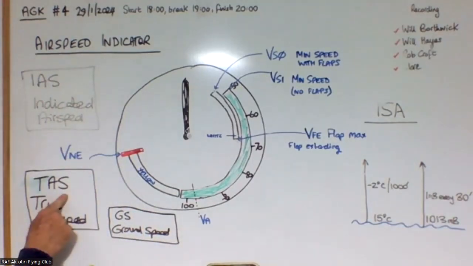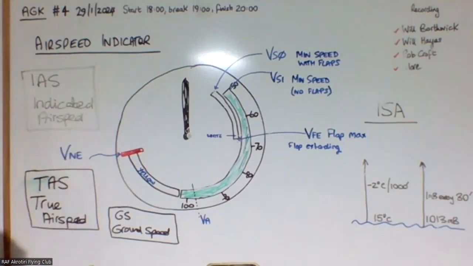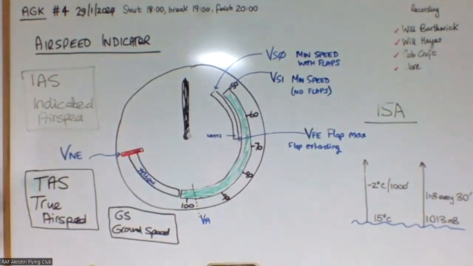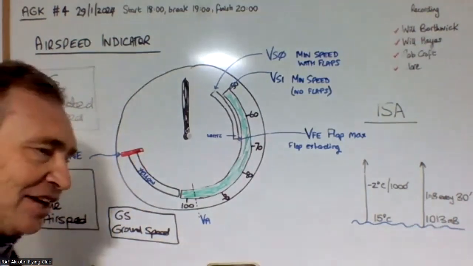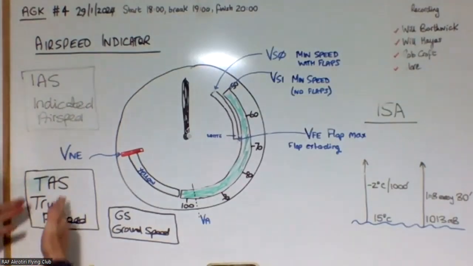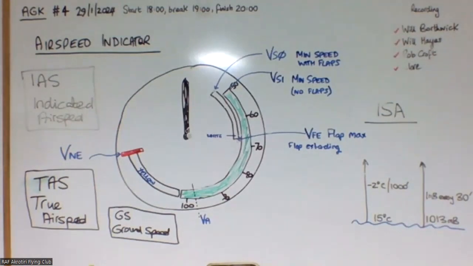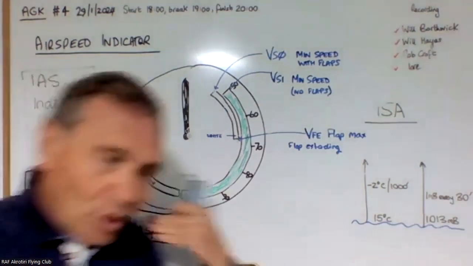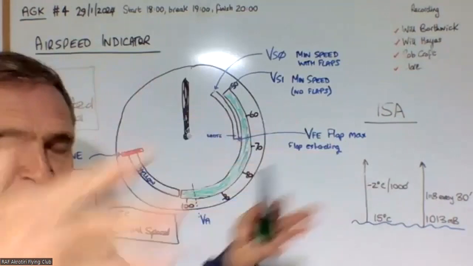So TAS is the difference between our indicated airspeed and our true airspeed, because we're just flying higher. The ground speed is TAS, but obviously we might be battling a headwind or we might have a tailwind, which means not only is our TAS different from our IAS, but our GS is going to be less or more, just purely because there will be wind blowing the aircraft along, or we're battling a headwind.